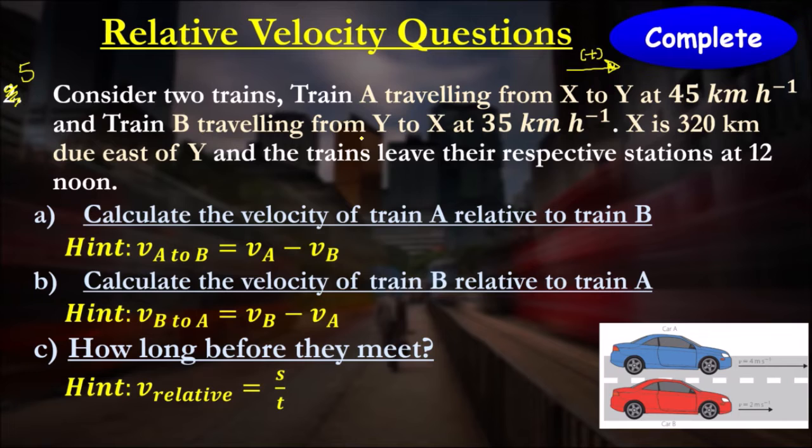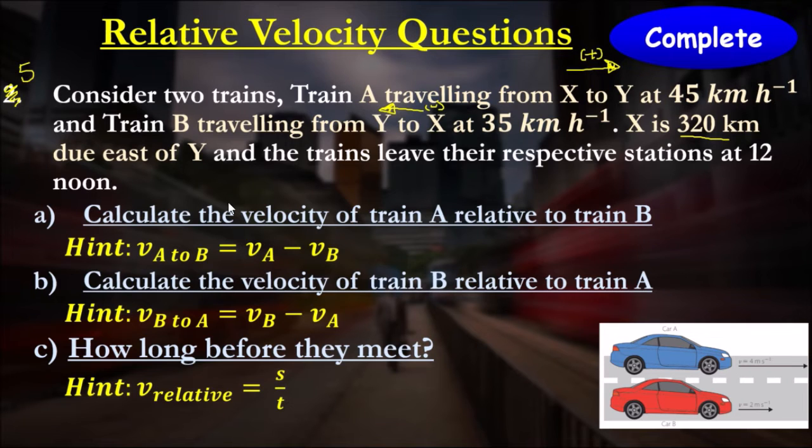And train B is traveling from X to Y, we'll call that the negative direction, at 35 kilometers per hour. X is 320 kilometers due east of Y, and the trains leave their respective stations at 12 noon, or 12 p.m.